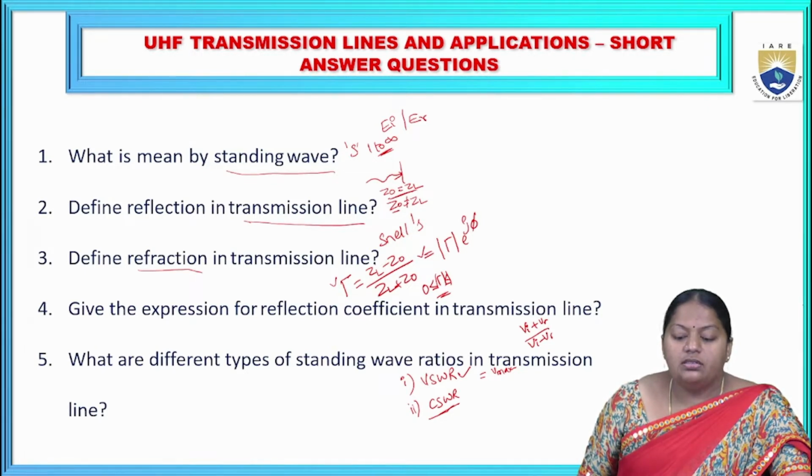Refraction can occur in the case Z0 equal to ZL. Then the expression for the reflection coefficient is given by gamma equal to ZL minus Z0 by ZL plus Z0, and VSWR has two types: voltage standing wave ratio and current standing wave ratio.